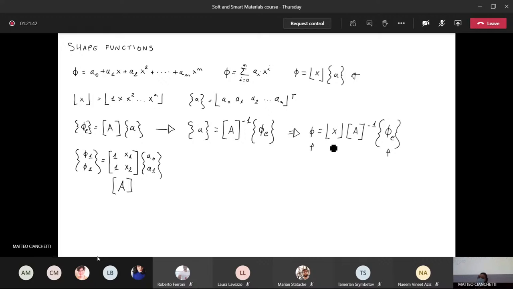So this means that what we have here, the product of the row vector X and the inverse of the matrix A, is what we call N. It is the definition of our shape function.